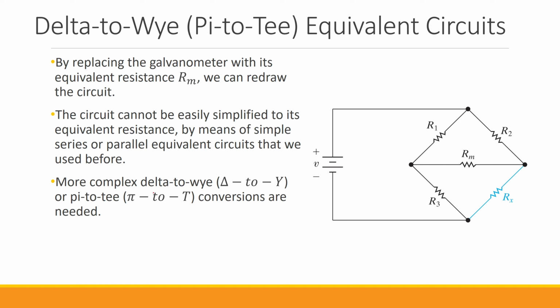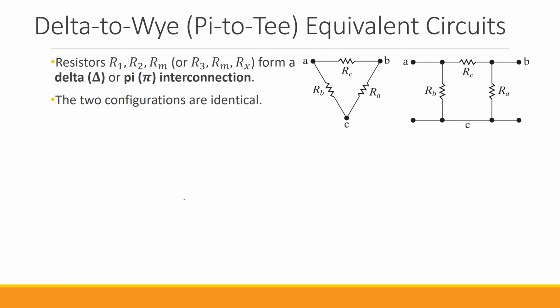One thing that you should have in mind is that delta to Y or pi to T are practically the same things. So let's just think about these two circuits. We have nodes A, B, and C for the left circuit, and also we have node A, B, and C. Basically all these dots here, they are all node C because they are all connected to the same point and there is no element in between them.